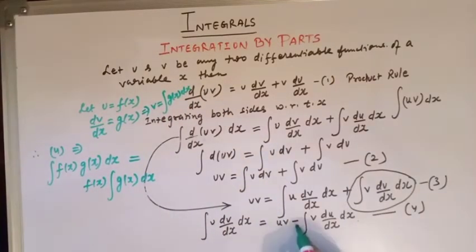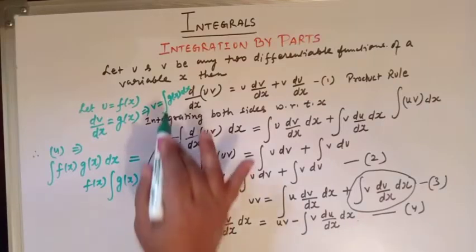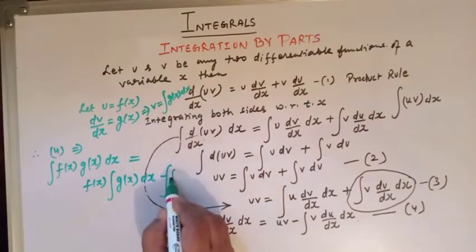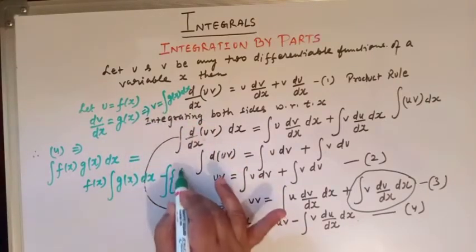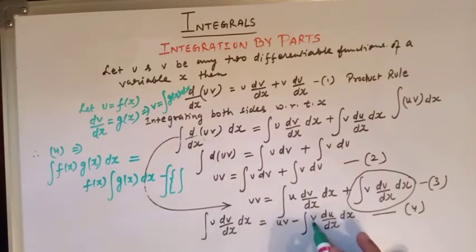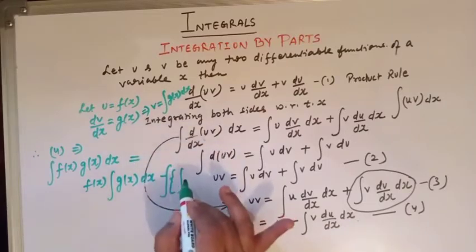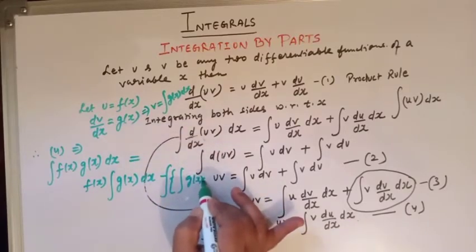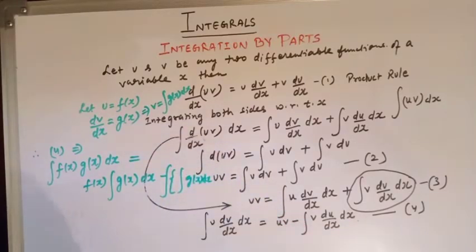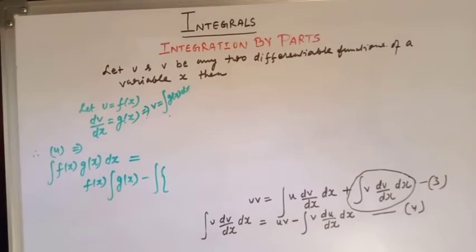Clear? Minus, and then we have the integral, and what is v? V is, here we will have a bracket, then the value of v is the integral of g of x dx, and now here we have the integral, and then we have v.